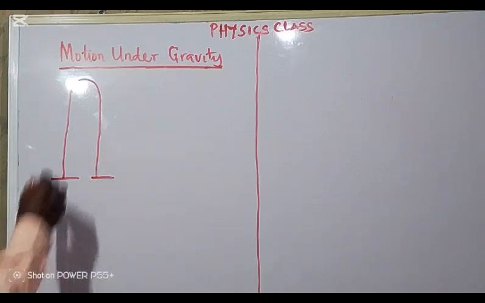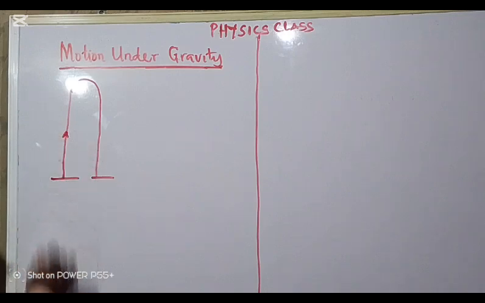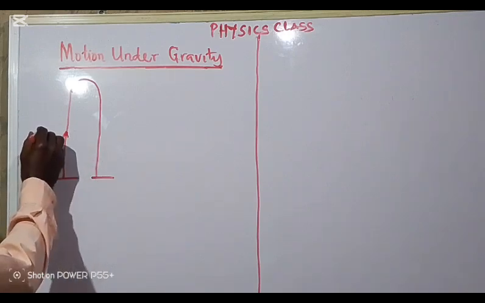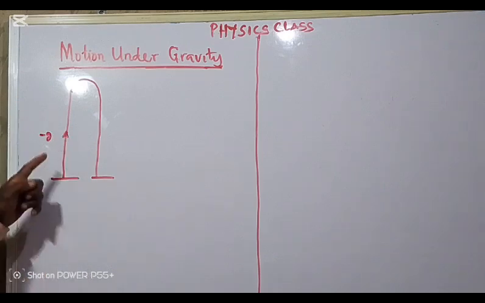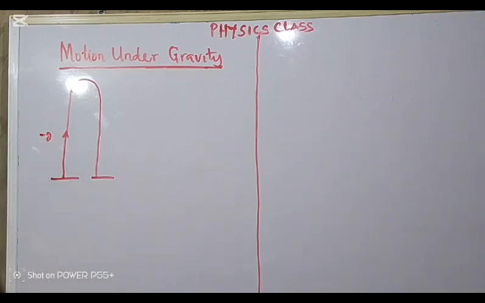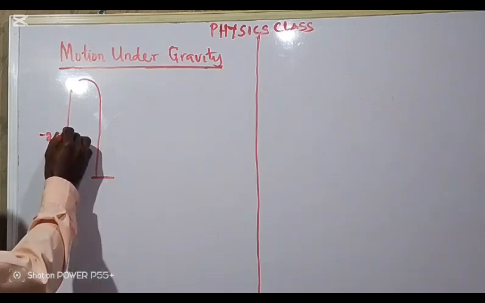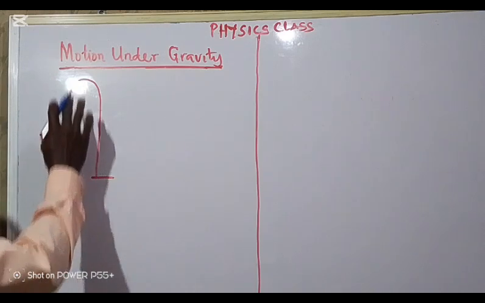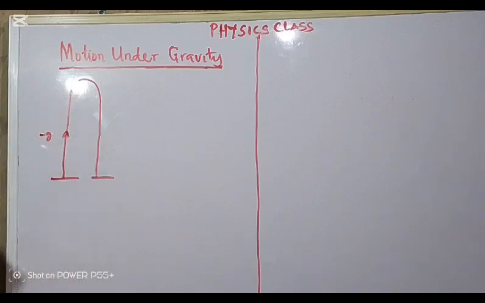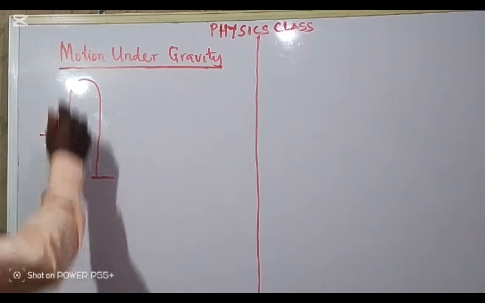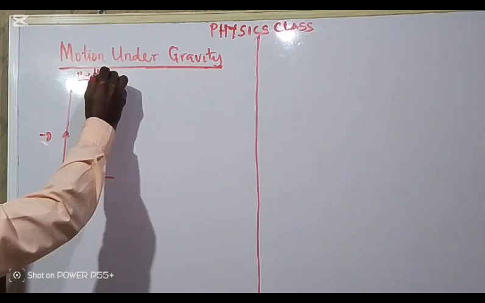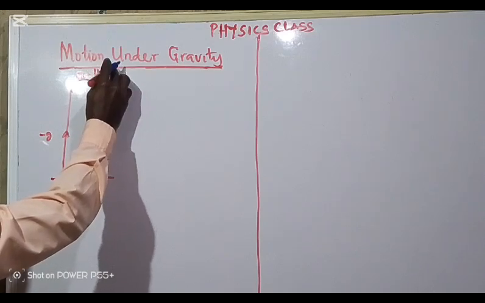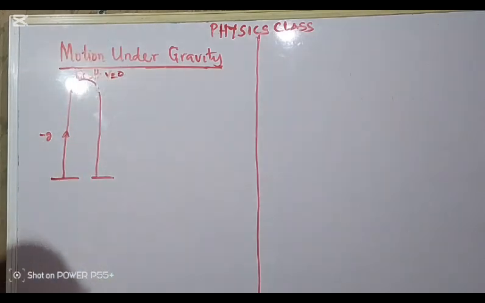We explained that on moving up, it will have negative acceleration due to gravity, because the velocity of the object as it moves up, before it reaches the maximum height, is gradually decreasing. When it reaches the maximum height at the top point, the final velocity here is equal to 0.